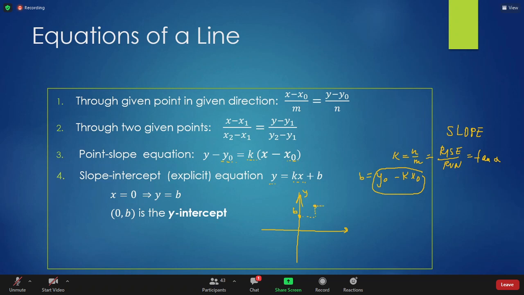So we can actually sketch the line without calculations. If you understand what fraction we have with k, and if we understand that B is the point on the y-axis, we don't have to compute separate points. We can simply go and count the squares in the system of coordinates.